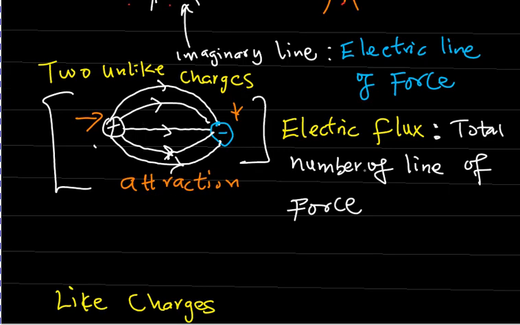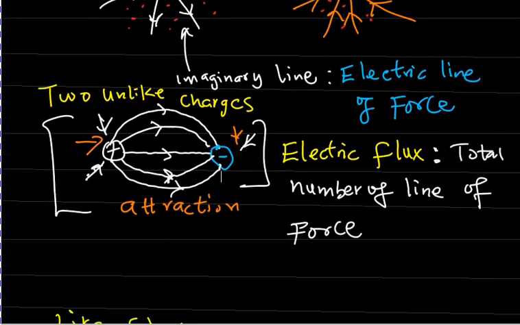So the number of lines of force per unit area depends on the strength of the charge. The higher the strength of the charge, the more the number of lines of force. So the number of lines of force that is measured in an electric field depends on the strength of the electric charge or charges found in that particular region.